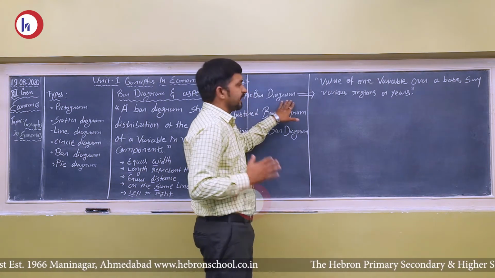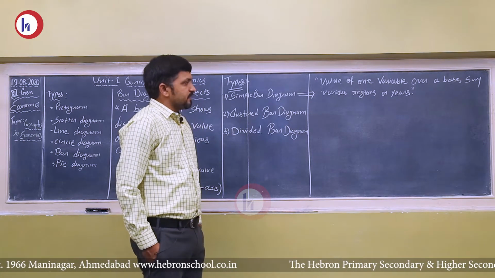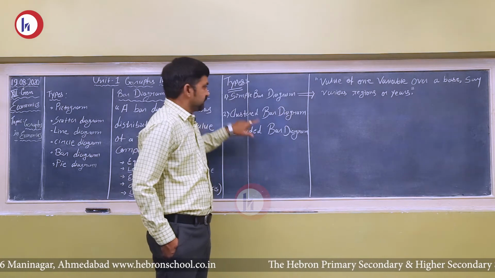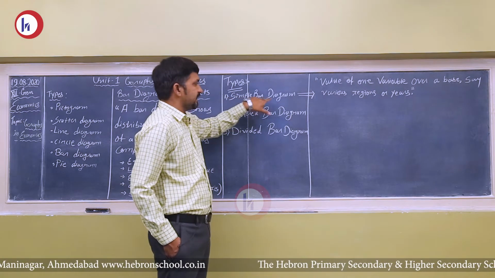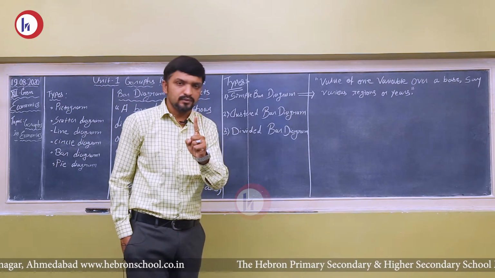simple bar diagram. And the meaning of simple bar diagram is written on the board: simple bar diagram represents the value of one variable.